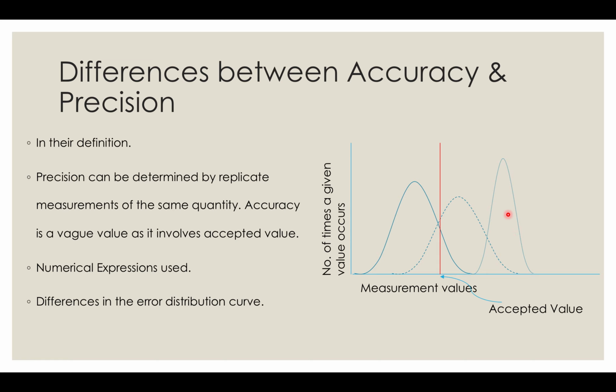However, in terms of accuracy, if you compare this graph and this one, this graph is closer to the accepted value, which is shown here by a red line. So this curve is more accurate, but the other is more precise than this accurate measurement. This more or less helps you understand the difference between accuracy and precision.